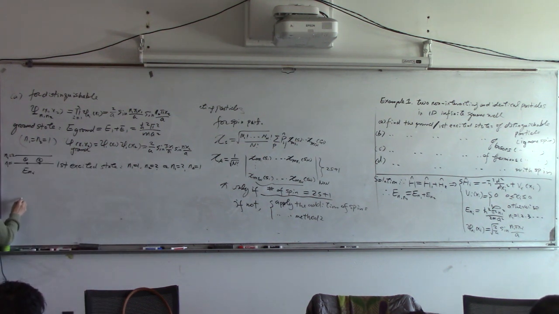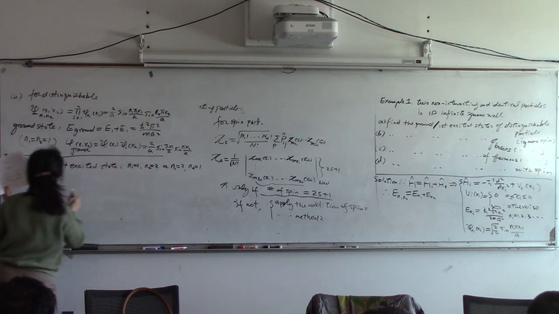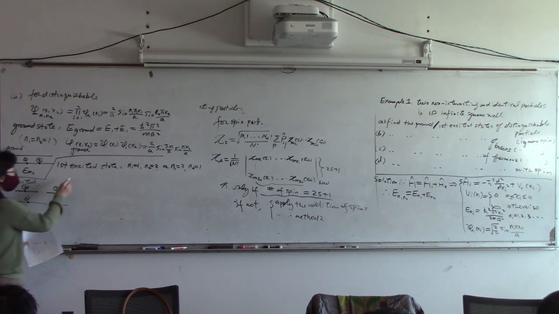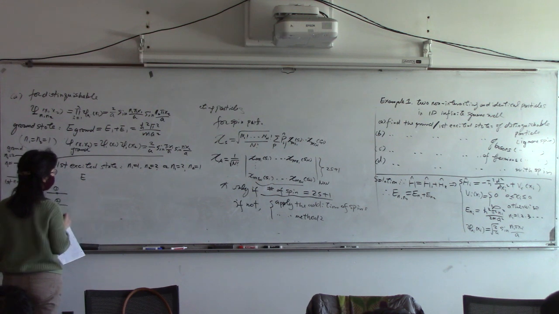So the configuration in this case: that's the ground state, 1 here, 1 here. So this is 1, 2, 1, 2, right? So that is the ground state. This is the first excited.